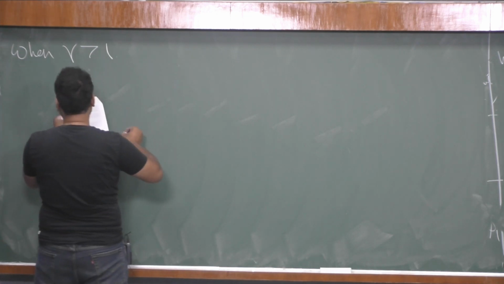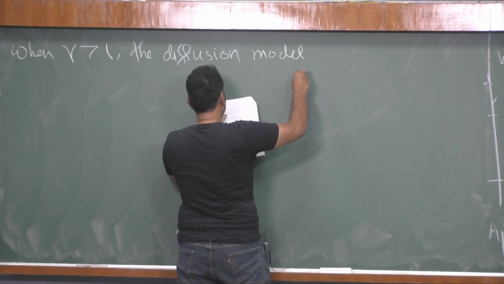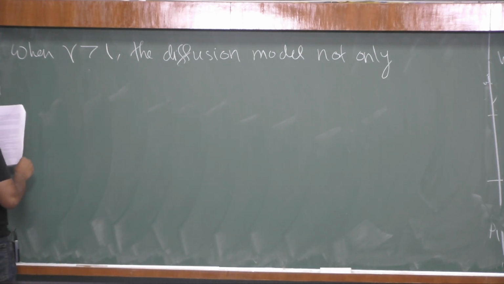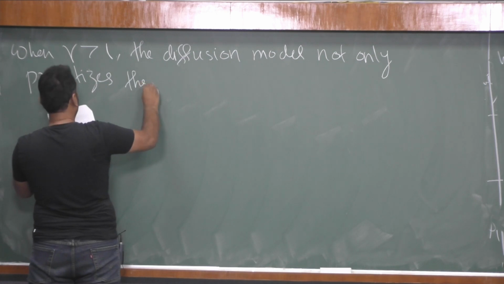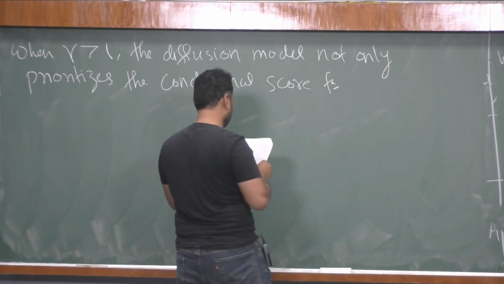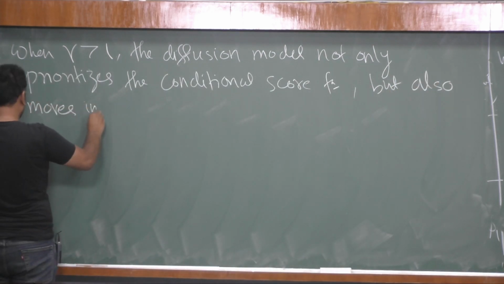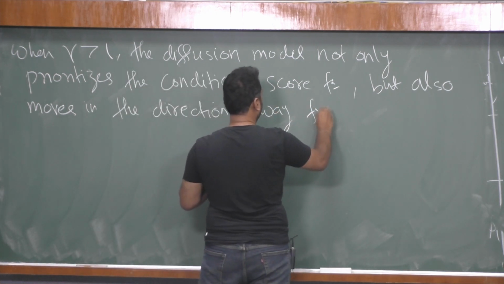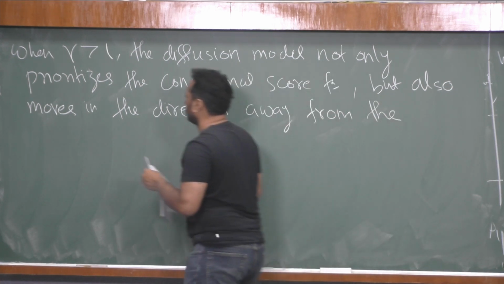So let us write this fact: when gamma is greater than 1, the diffusion model not only prioritizes the conditional score function, but also moves in the direction away from the unconditional score function.